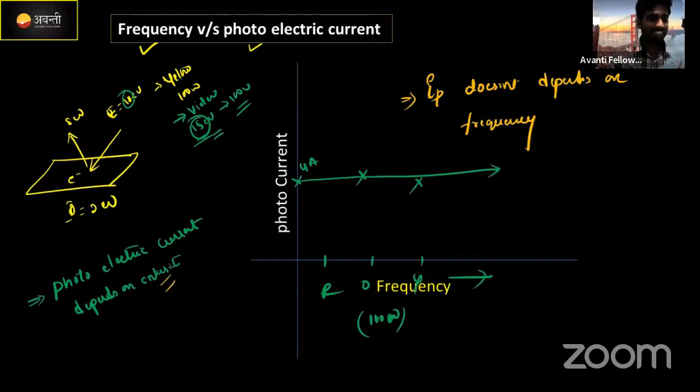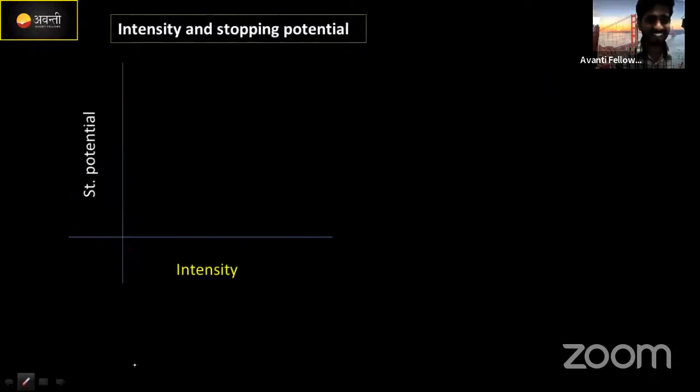Next, I want to ask the same question: intensity and stopping potential. What happens if you increase the intensity of light for a stopping potential? Tell me, will there be any effect by the intensity of light?